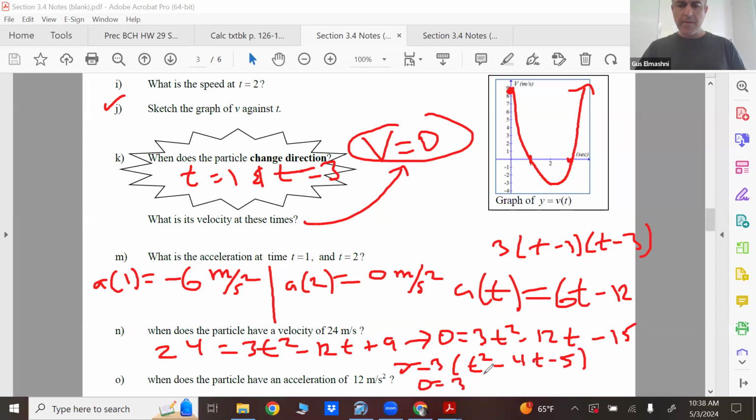Keep going. Wait, hold on, is that right? So what does t equal here? Yeah, definitely. So it can't be negative 1, obviously. That'd be weird. So 5 seconds, does that make sense? Okay, cool.